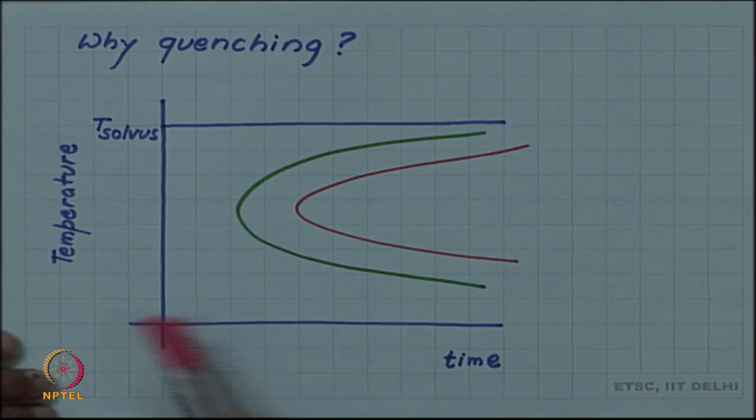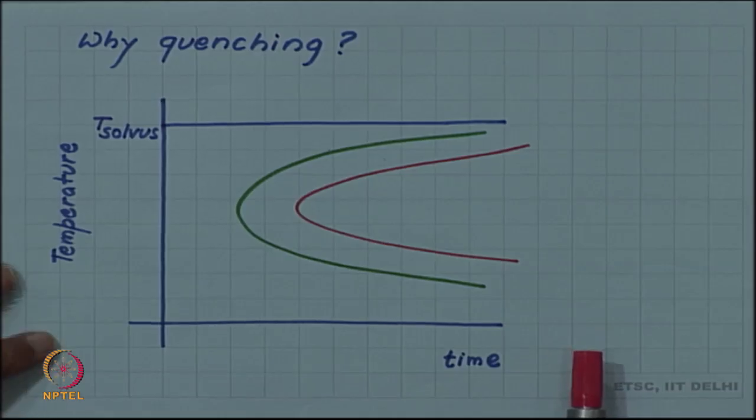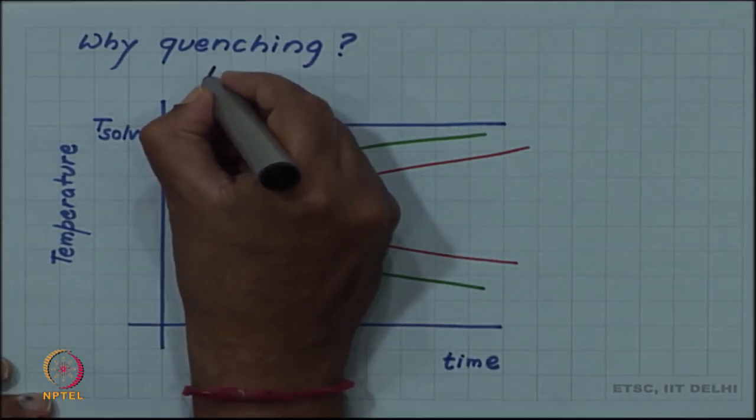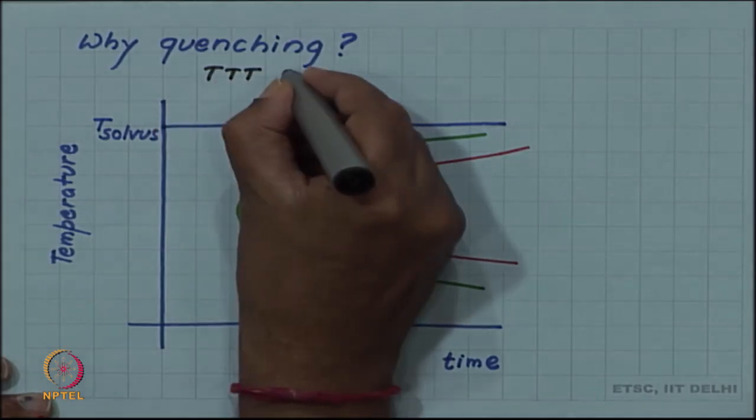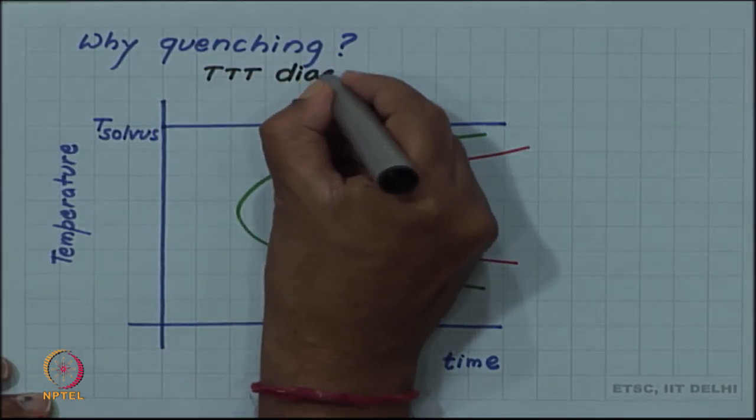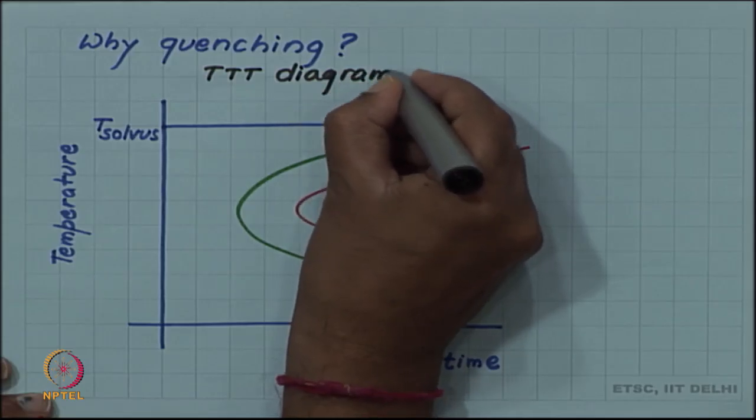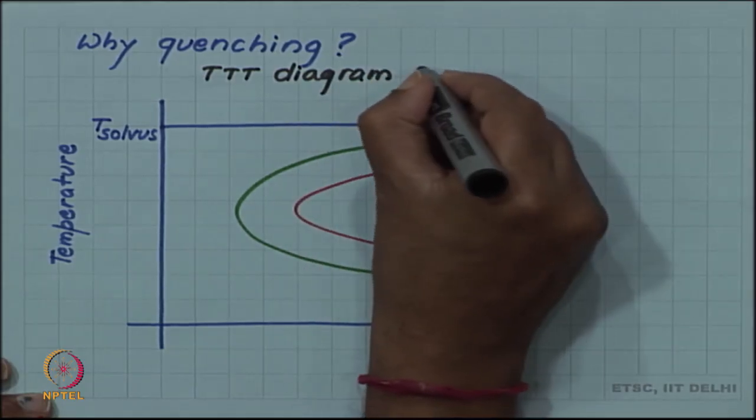So, now instead of the phase diagram, we look at the TTT diagram for the precipitation reaction.